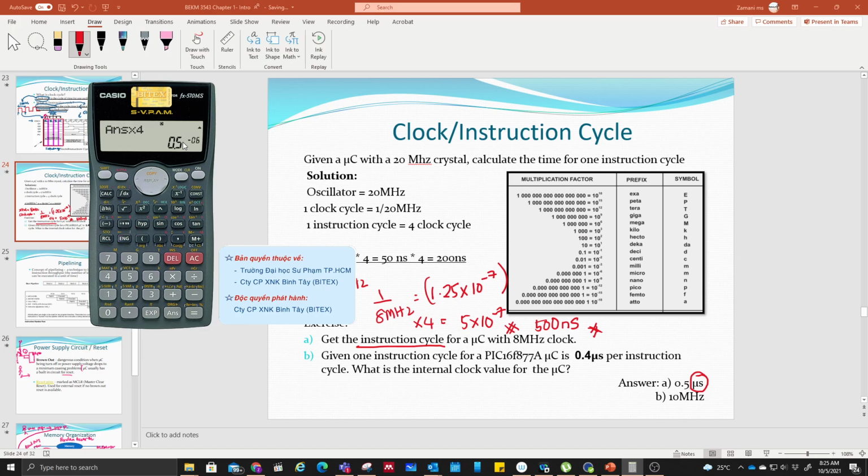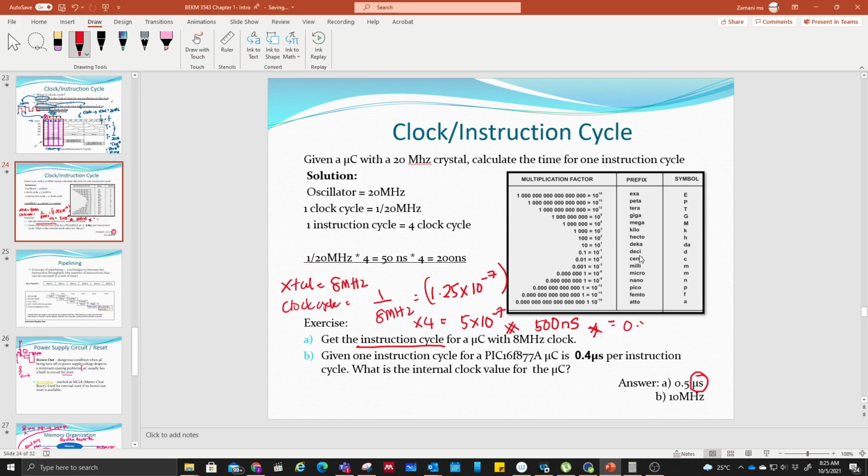This is 0.5 times 10 to the negative 6, which is micro. So 0.5 is equivalent to 0.5 microseconds. Just to make sure that you do not confuse the prefix with the number over here. Alright, so this is the correct answer.